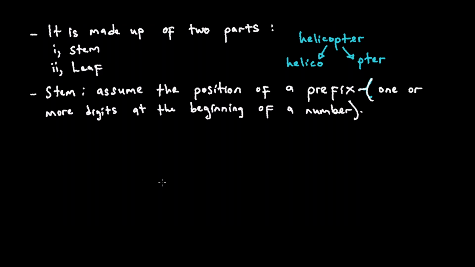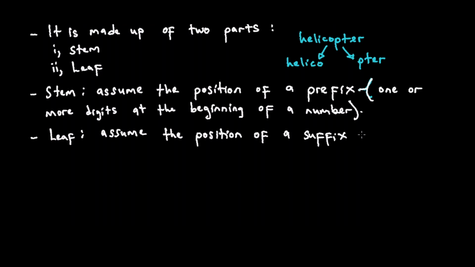On the other hand, the leaf is more of a suffix. So the leaf is going to assume the position of a suffix. What do we mean kana chiti it's going to assume the position of a suffix?